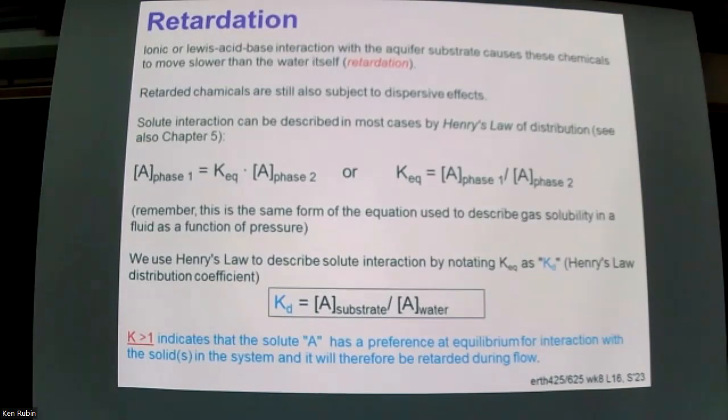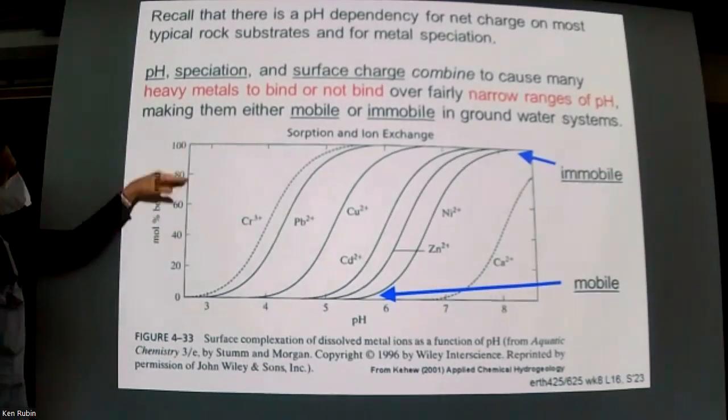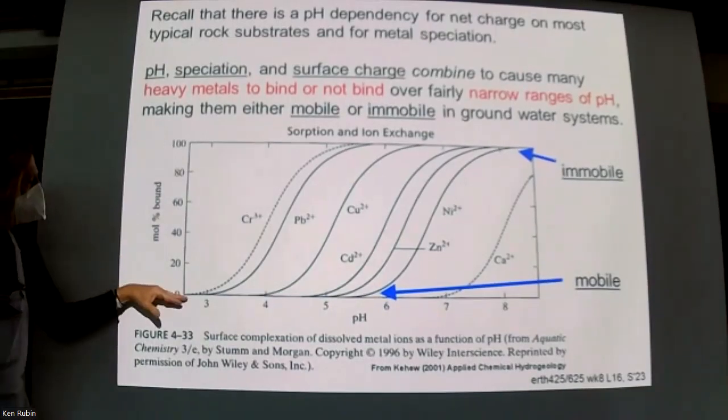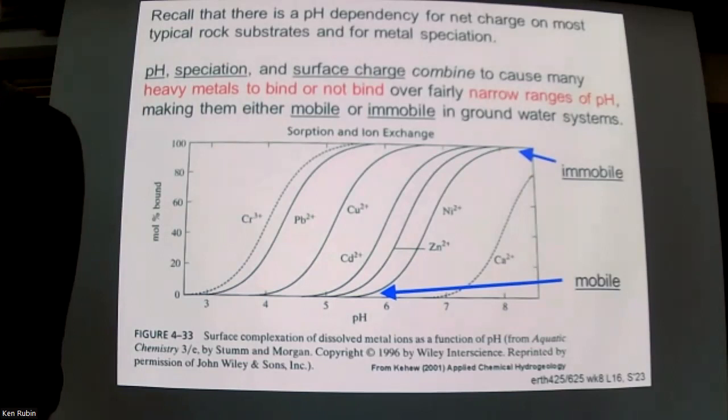Okay, so this concept of retardation is something that can be measured, okay? And retardation is related to two things. It is related to the effectiveness of binding of a chemical to a solid, meaning, for instance, not bound, bound, somewhere in between. The higher we are up on this side, the more retarded a chemical will be relative to water flow.